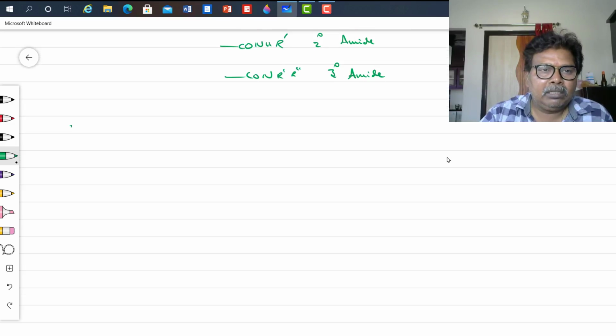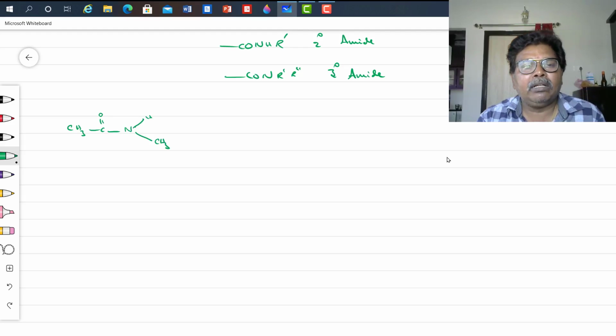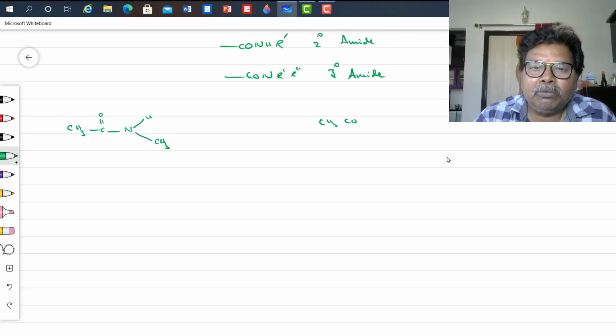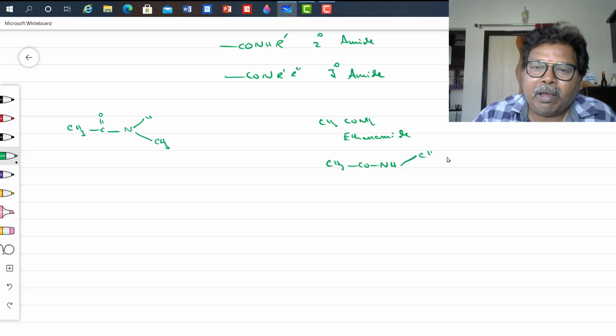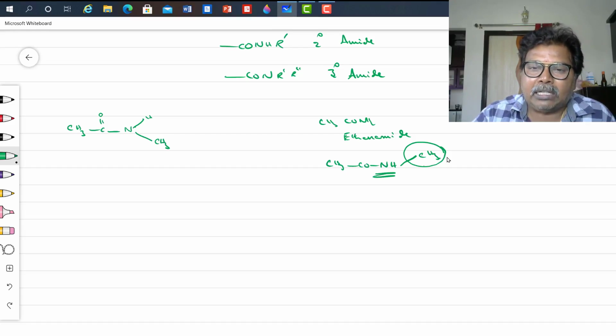Now for example, CH3 C double bond O N H and this is again a methyl group. CH3CONH2 is ethanamide. In ethanamide, one hydrogen is replaced by a methyl group. So this is the methyl group which is substituted in the place of hydrogen at nitrogen, remember.